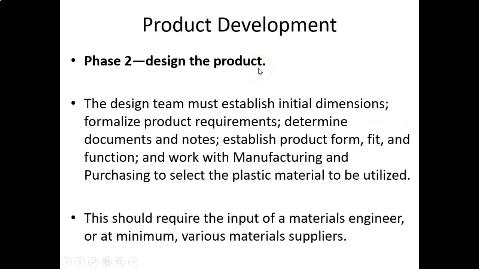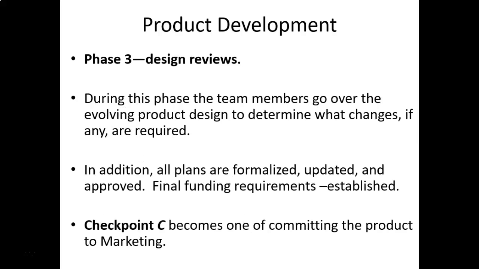Okay, we reach phase 2, which is the design of the product. So this phase contains the details of the model, like the fit, the function, okay, and the work, and at this stage, all the team members work with the manufacturing team and also purchasing to select the plastic material to be utilized. Okay. Next is phase 3, which is the design reviews.